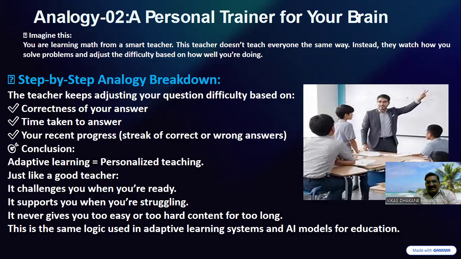And when these AI models behave like a human teacher, and this teaching-learning process happens between the AI teacher and the student, then this process is called the adaptive learning system in artificial intelligence. I hope all of you have understood the concept clearly. Okay, let's go further.